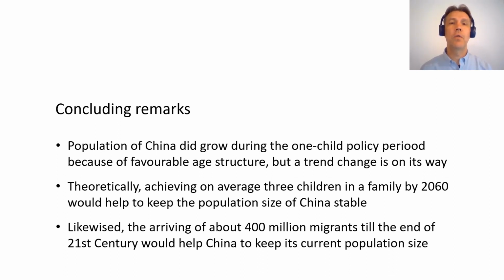Furthermore, there is no immediate need to achieve this aim, but rather the fertility levels should grow gradually till the year 2060 to 3 children on average in a household, and that would help the population of China to stay at its current level of 1.4 billion. Alternatively, if fertility would not change, China would need 400 million migrants, and that would also help to keep its population size at its current level.